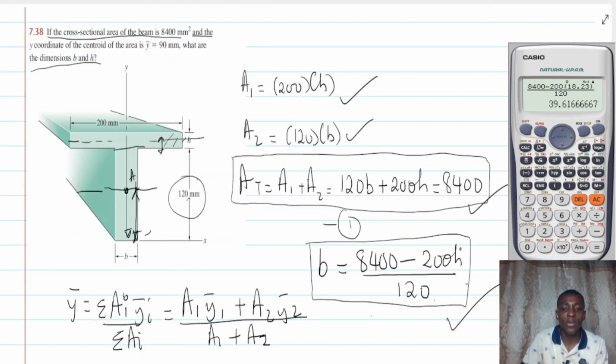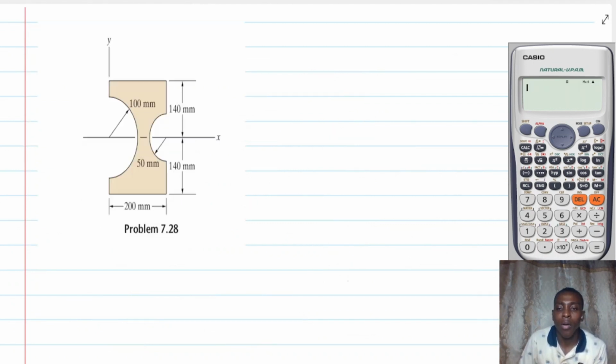Okay, let's look at the next problem. All right, so we've been asked to find the centroid of this figure, x bar and y bar. Okay, so let's start. What do you see?